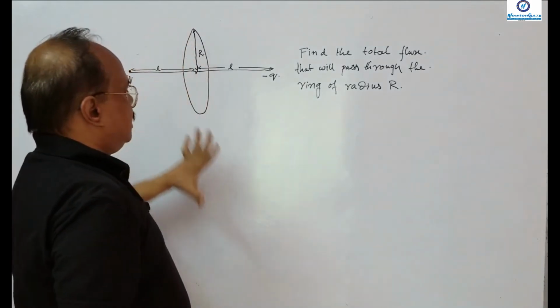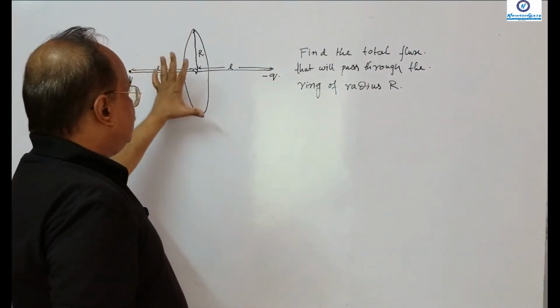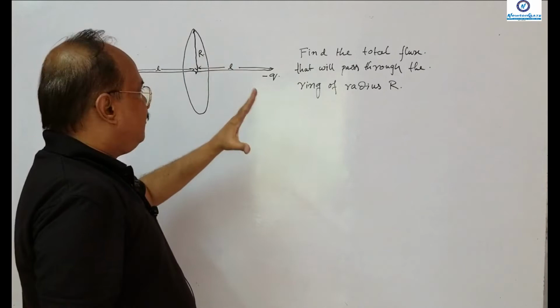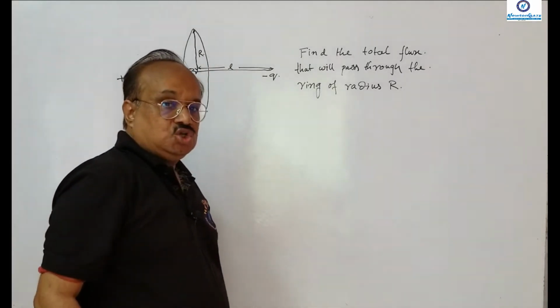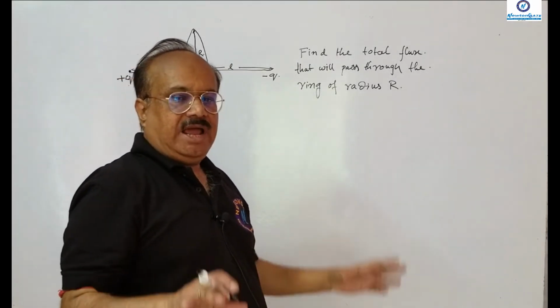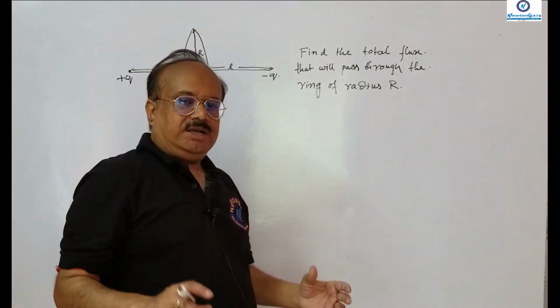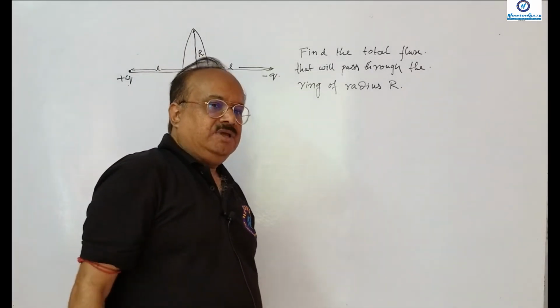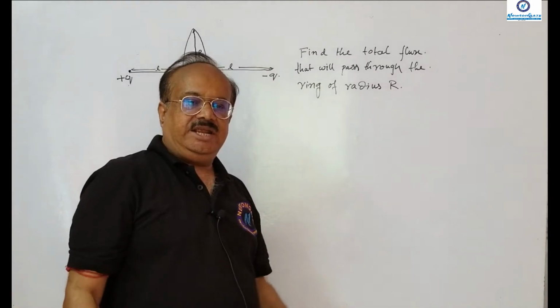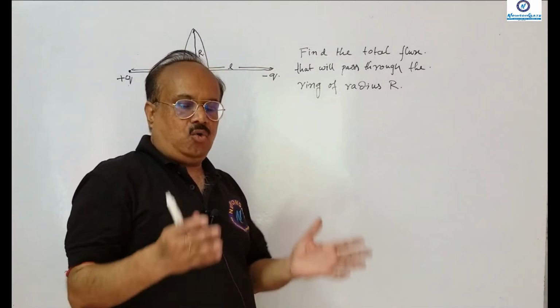We can do this sum very easily if we have an idea of solid angle. What idea of solid angle you should have is how the solid angle is related to the apex angle of a cone.